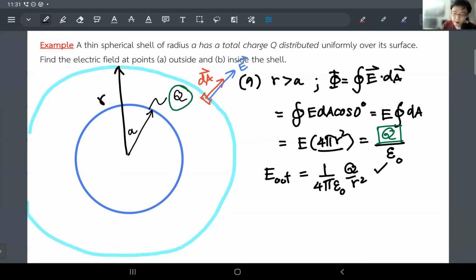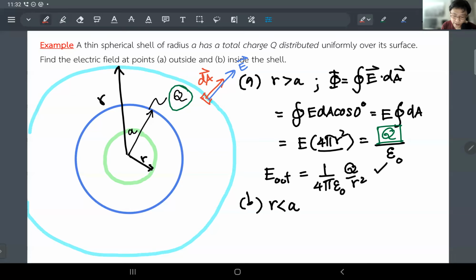Cool. What about the inside, guys? Of course, for the inside, you're still working under spherical symmetry. So you should pick a sphere to be your Gaussian surface anyway. Nothing changed there, except now your r is going to be picked to be smaller than the radius of the shell itself.